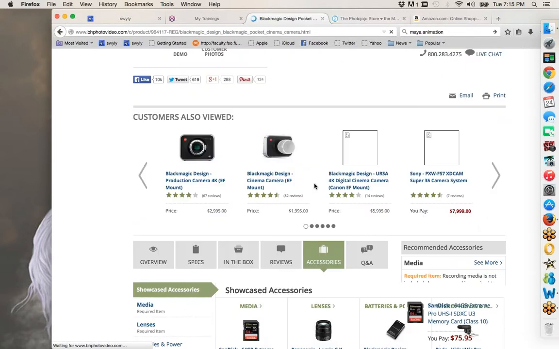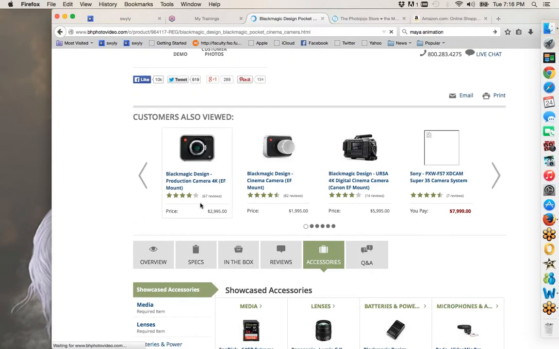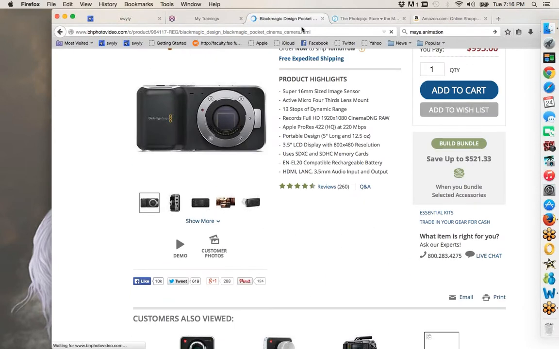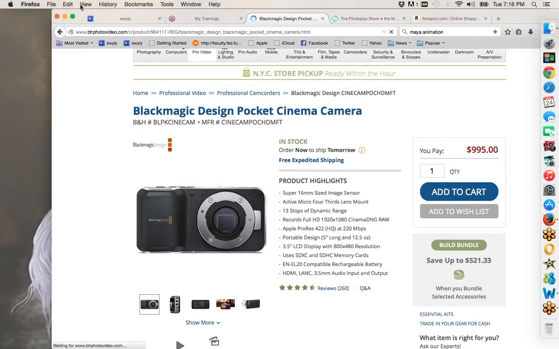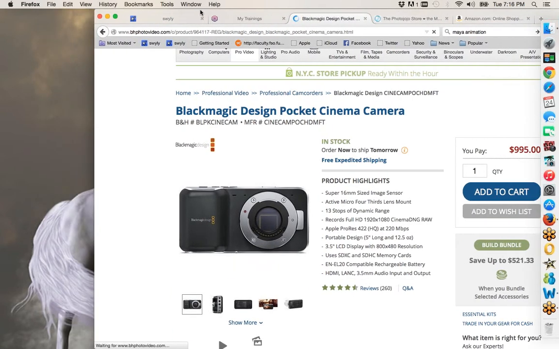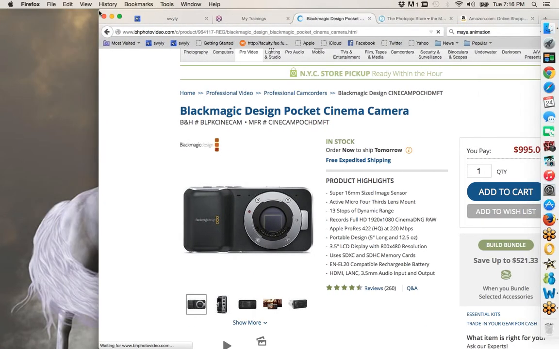This one is $1,000. Lens sold separately, right? So you're only paying $995 for this, but you're going to have to lay out the same amount again just to get a usable system.